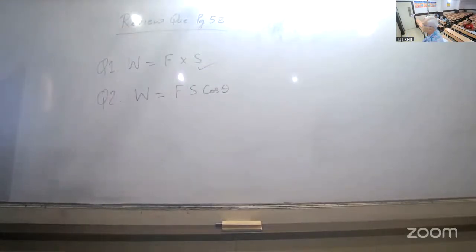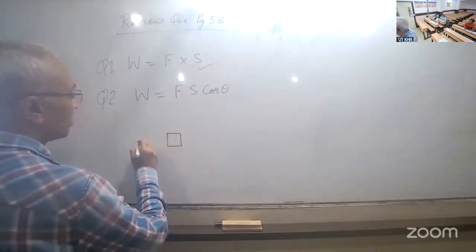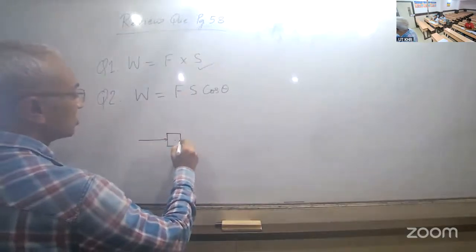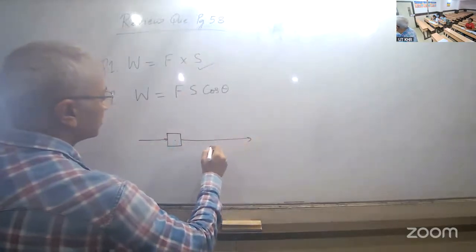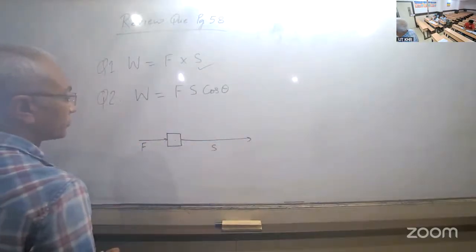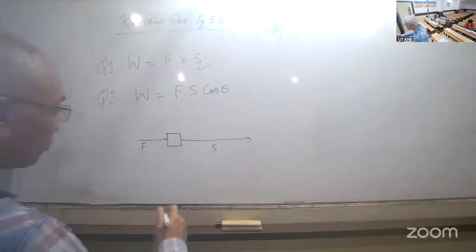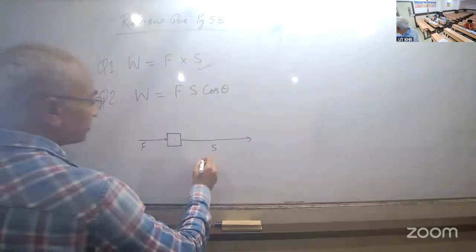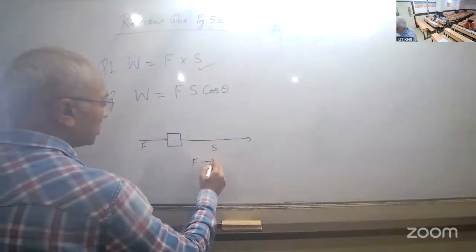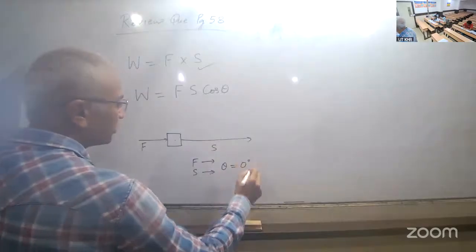Whenever, let's say, there is an object and a force is applied on it, and this object is displaced in this direction, force and displacement are in the same direction. So when force and displacement are in the same direction, the angle theta is 0 degree.